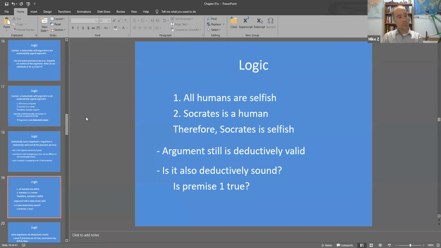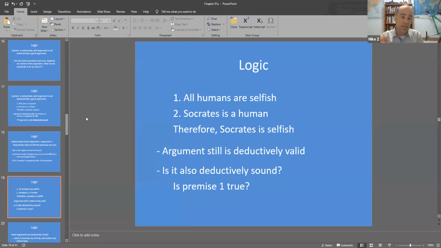Well, humans do selfish things, but at the same time, we can also recognize some examples where humans are not acting selfishly. Maybe they're helping other people somehow. Maybe they're even sacrificing their own self-interest under certain situations. So we would need to draw upon psychology and sociology and maybe a variety of other fields of research and common sense and all sorts of things in order to have a big debate about whether that first premise is actually true or not.